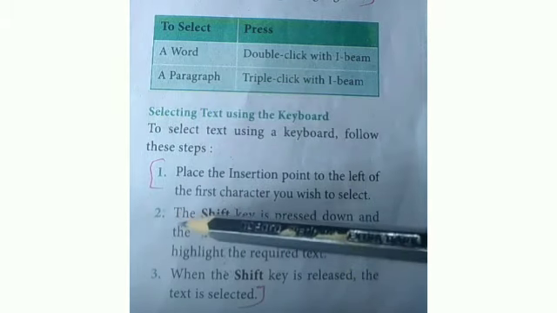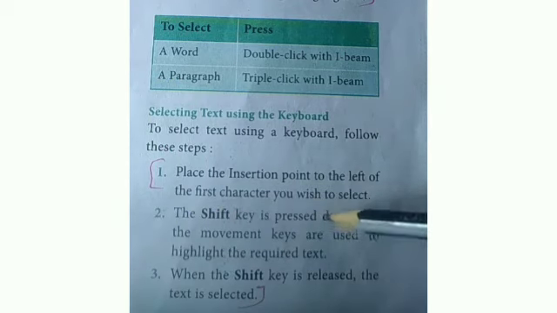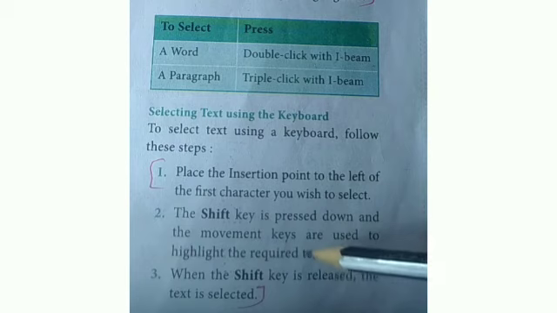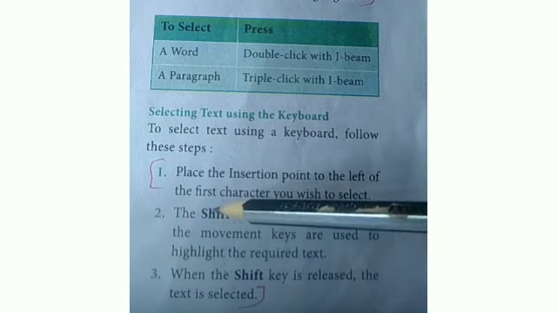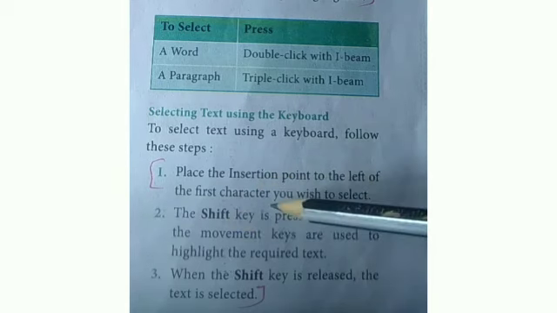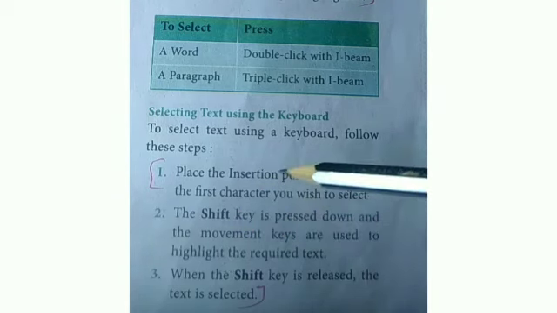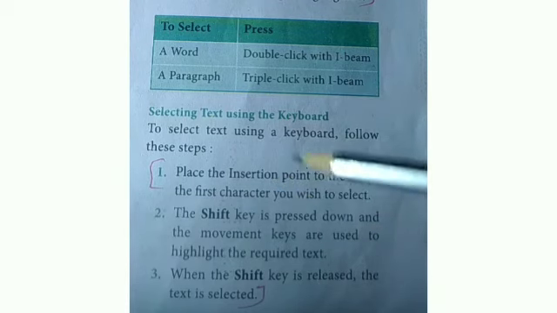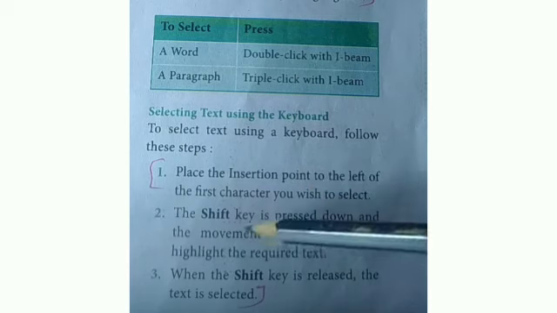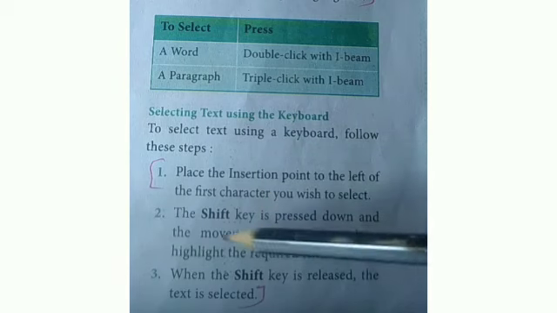Second, the shift key is pressed down and the movement keys are used to highlight the required text. You have to press the shift key on your keyboard and use the movement keys. Movement keys means the left arrow key, right arrow key, up arrow key or down arrow key. Any one of these keys we can use with the shift key to highlight the required text.